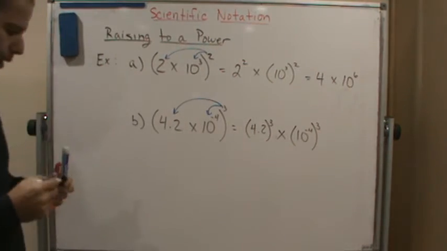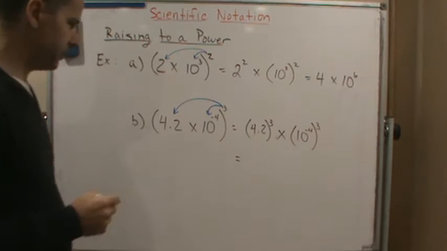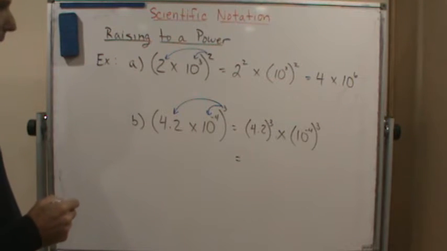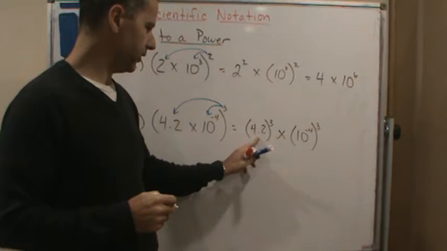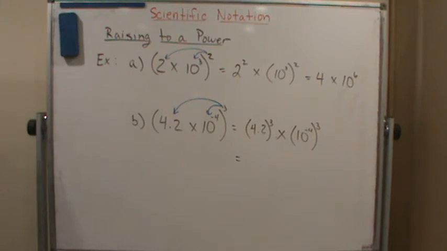Okay? Now, if I cube this, okay, so here, if I cube this, I'm going to get something around 50. Right? Well, not 50, I'm sorry, 74.